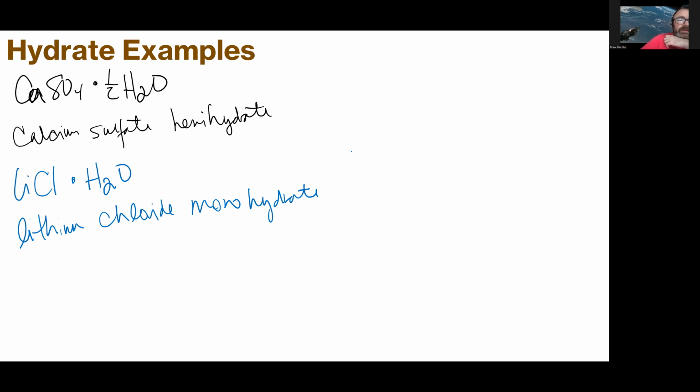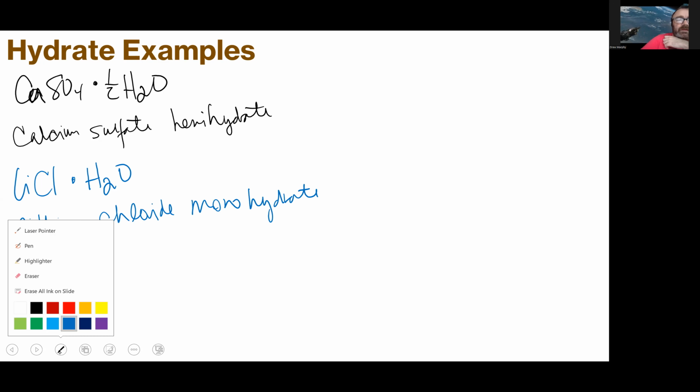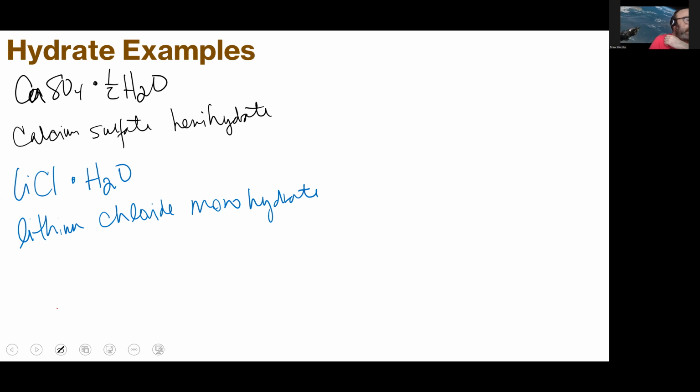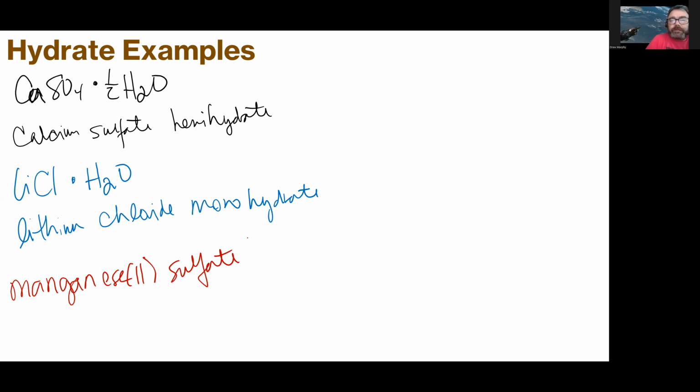We should be able to do this the other way around, forwards, backwards. So if I give you a formula, you can figure out the name, or that's what we just did. If I give you a name, we should be able to figure out the formula. Let's say we have manganese 2 sulfate hexahydrate.